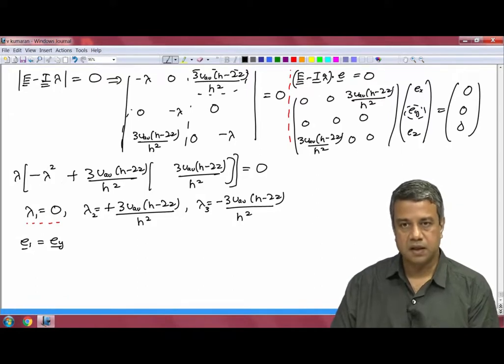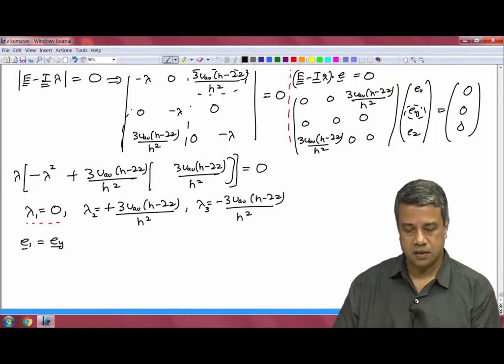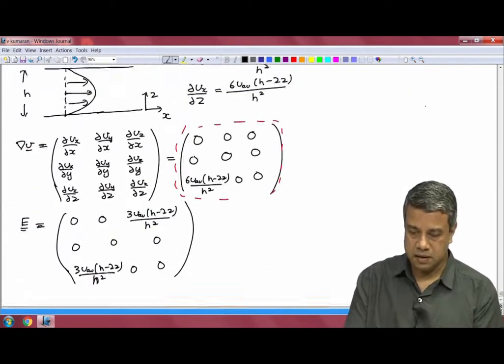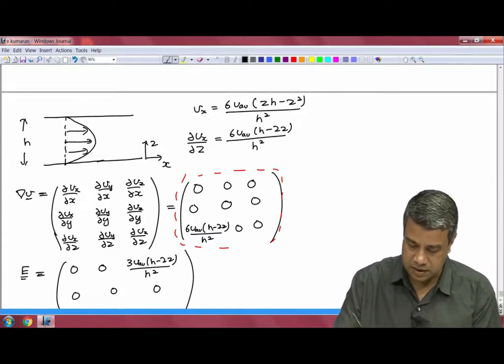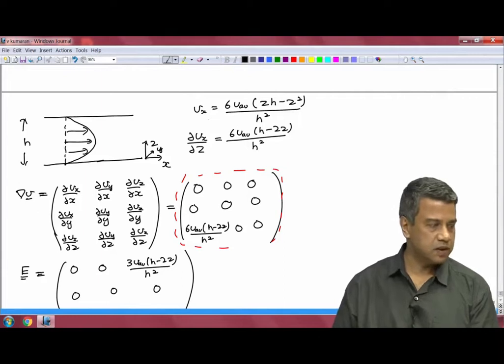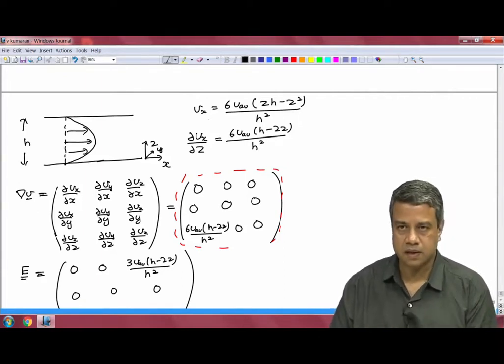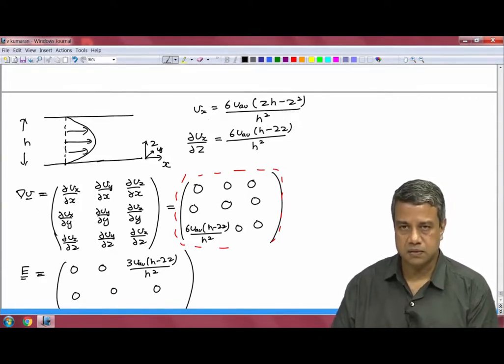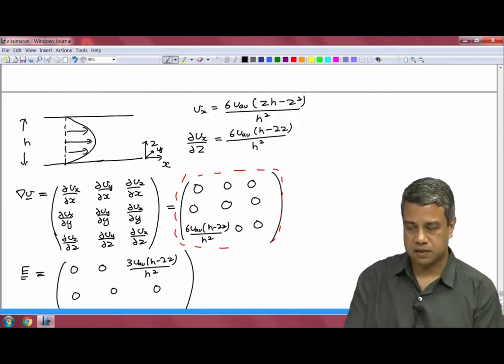That means that the direction in which there is no extension or compression is the y direction. Not surprising, this is a two-dimensional flow in which the y direction is perpendicular to the plane. Since this is a two-dimensional flow, you would expect that there is no expansion or compression in the y direction.